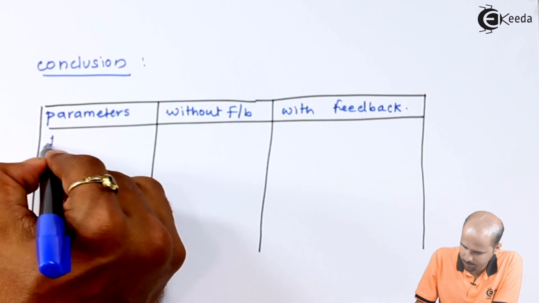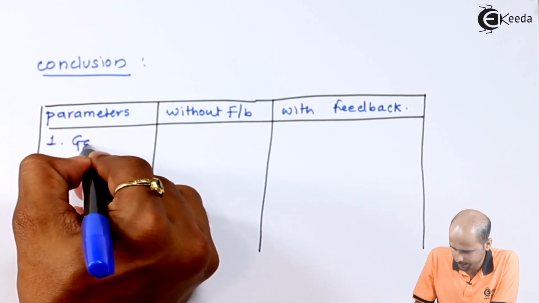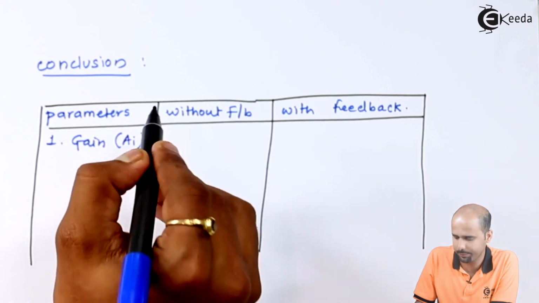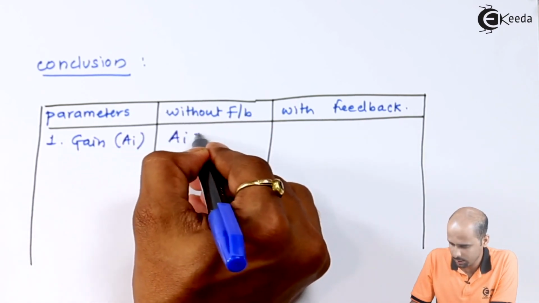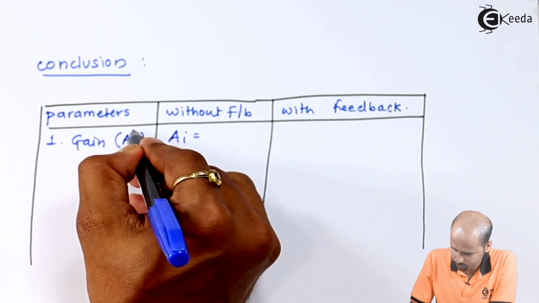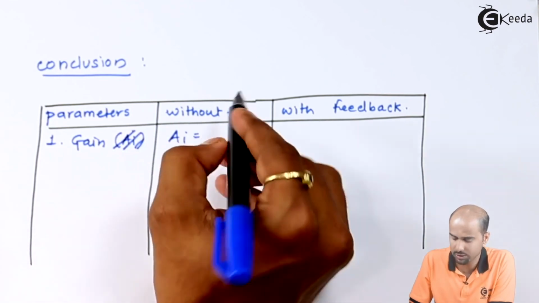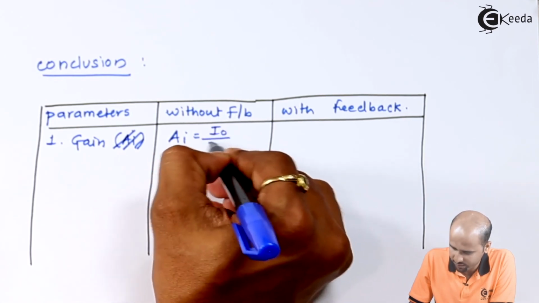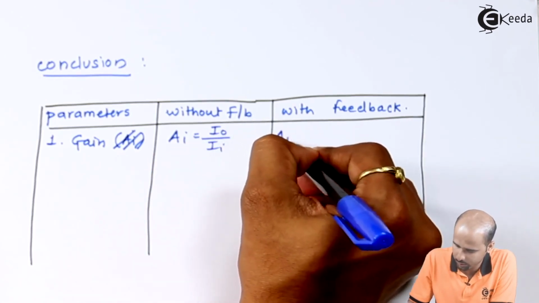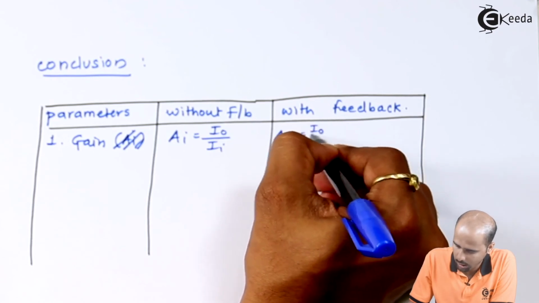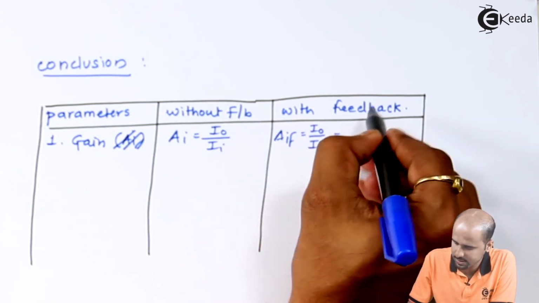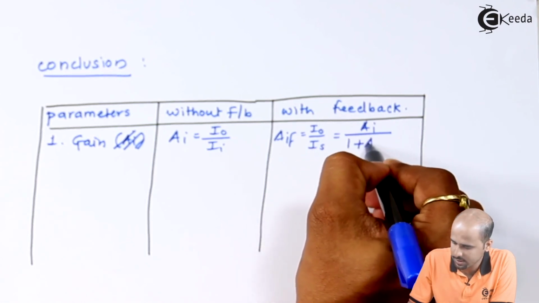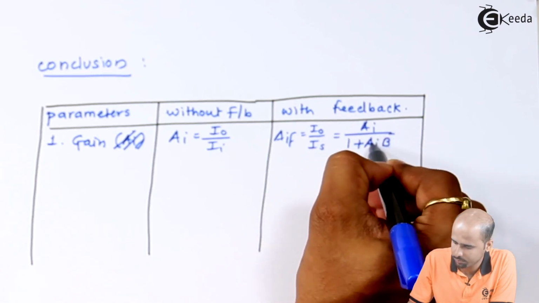First is gain, which is the current gain. AI without feedback is IO divided by II. Here we'll be getting AIF equal to IO divided by IS, which forms AI divided by 1 plus AI into B.